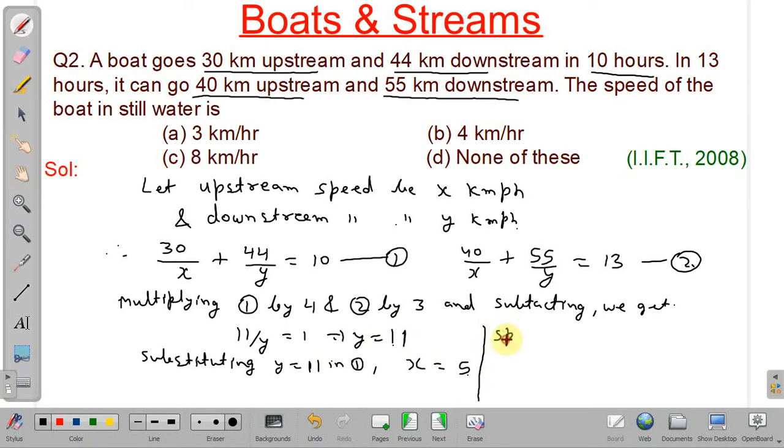Therefore, speed of boat in still water will be equal to half of downstream speed, that is 11 km per hour, plus upstream speed, that is 5 km per hour. So it will be equal to 8 km per hour. So our answer will be option number C. We will discuss next problem.